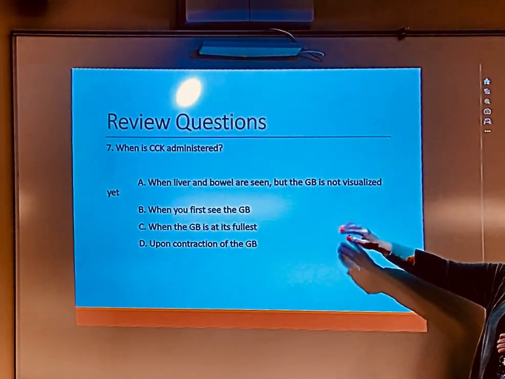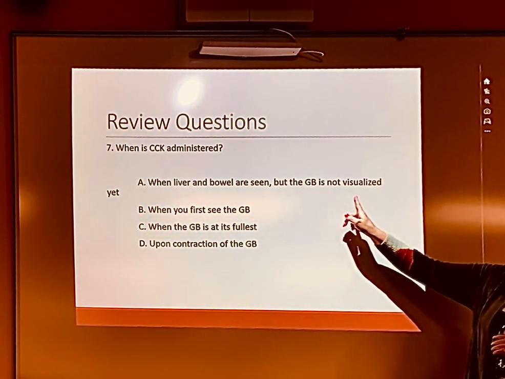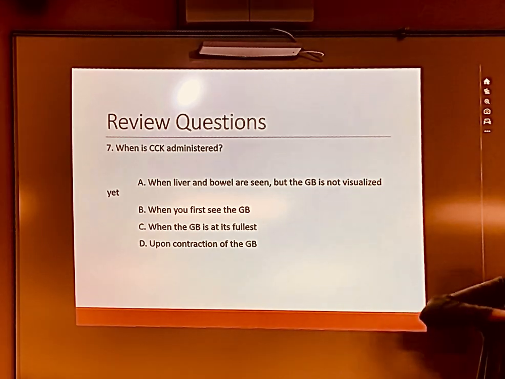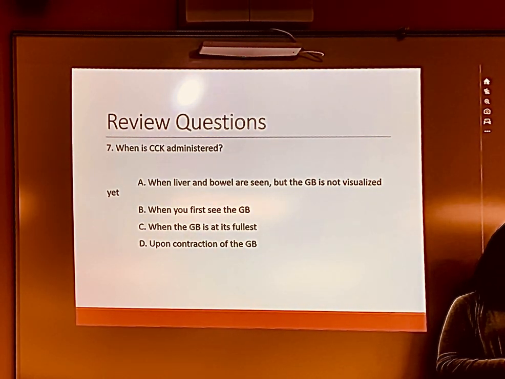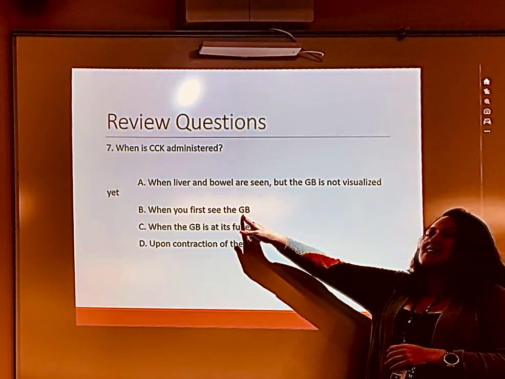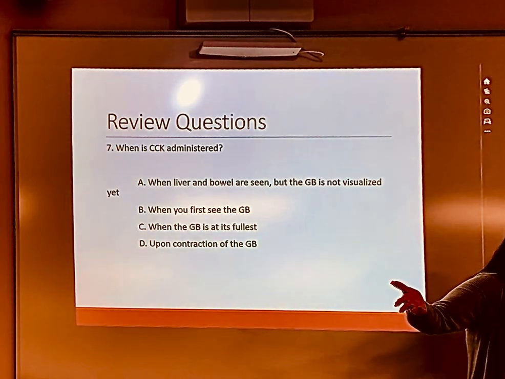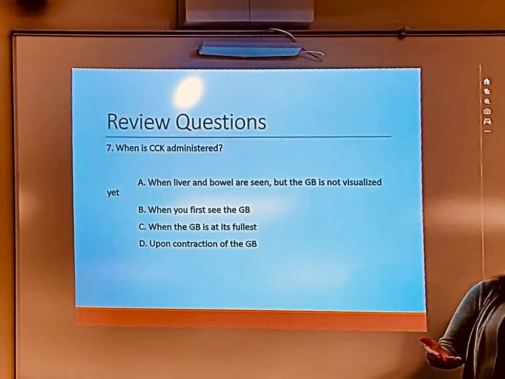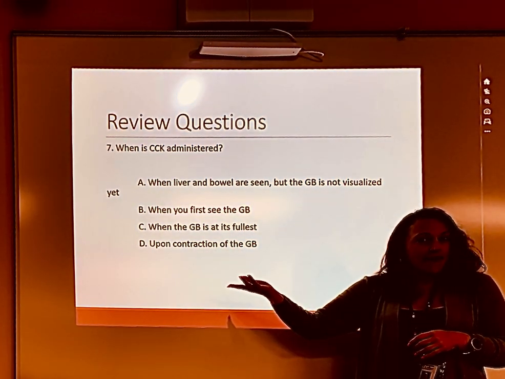Okay? So if you're trying to see acute versus chronic cholecystitis, you're not going to give CCK, you're going to give morphine. When you first see the gallbladder, you have no bowel, so you can't give CCK because you don't know if there's an obstruction, right? And if the gallbladder is already contracting, you don't need the CCK, right?